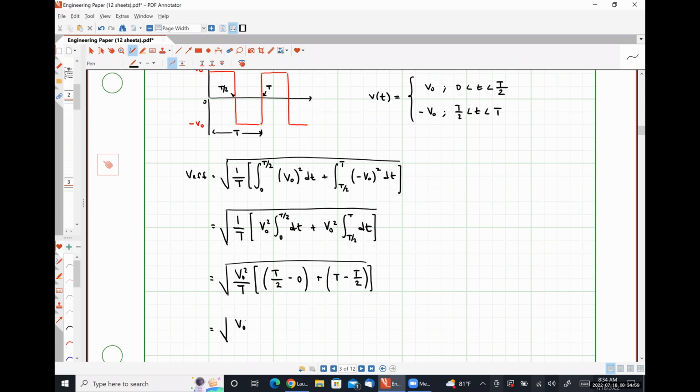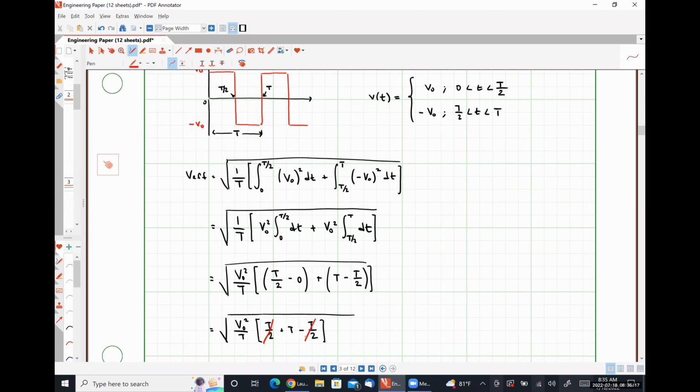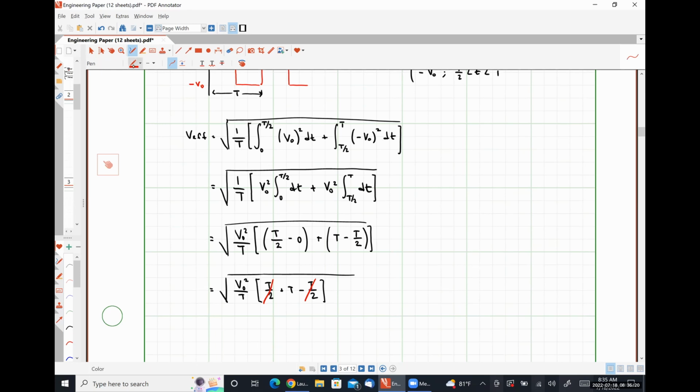This is going to leave me with V naught squared over t multiplied by t over 2 plus t minus t over 2. We can see very easily that this term and this term cancel each other out.